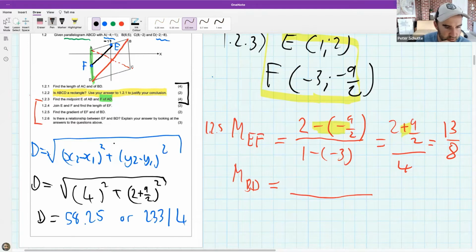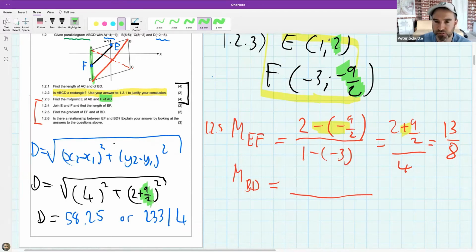Okay, so back in here. If I look at EF, the 2 points, it's the same idea. If you look at this bit, if I go 2 minus -9/2, it becomes 2 plus 9/2.